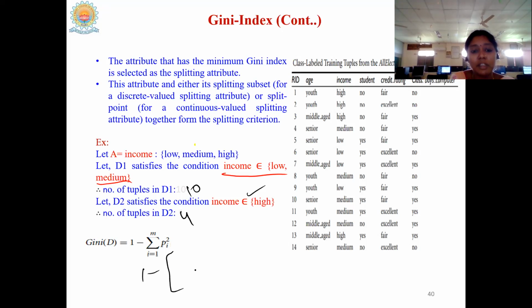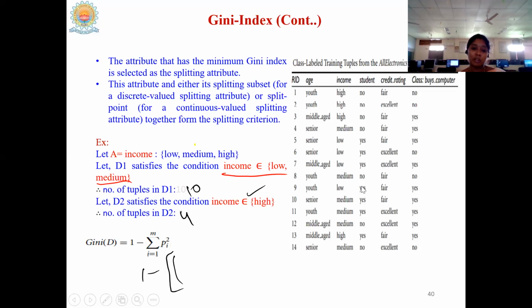How many classes are we having for the entire data set?